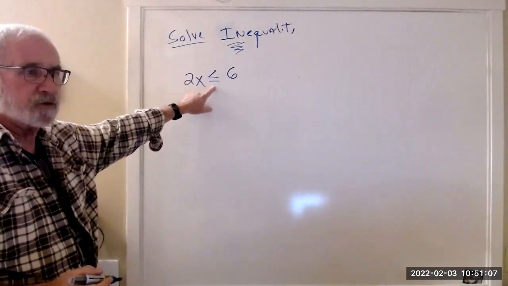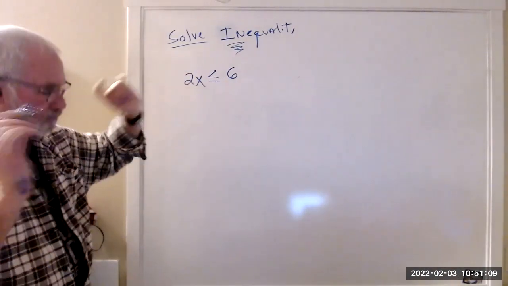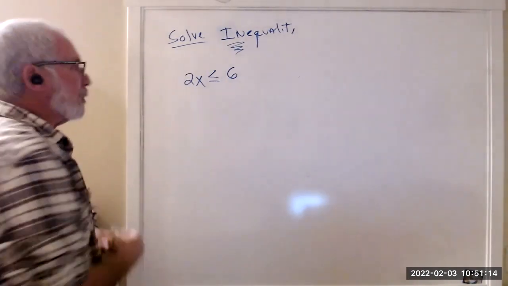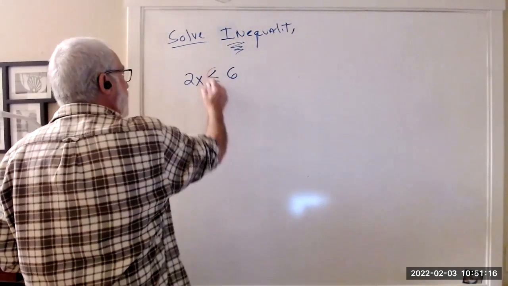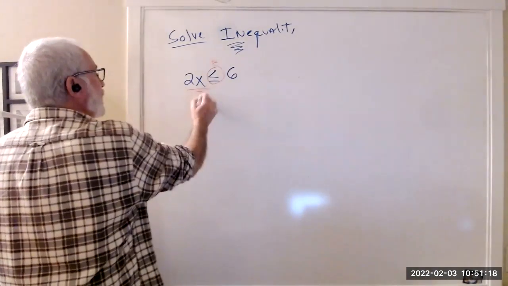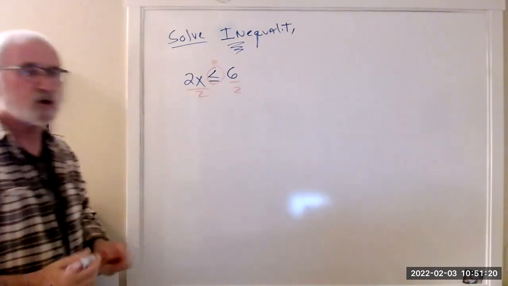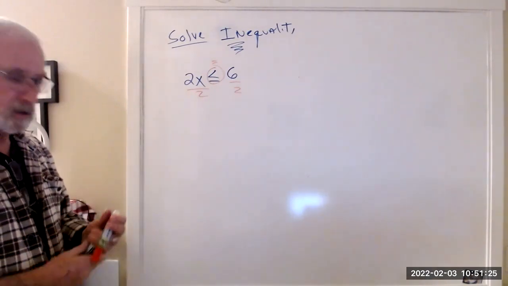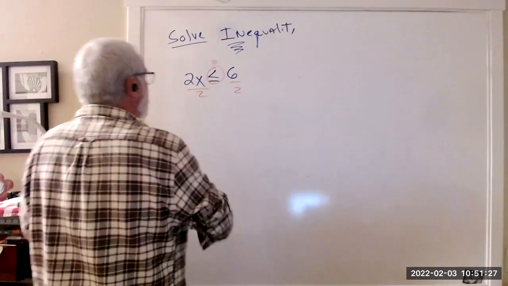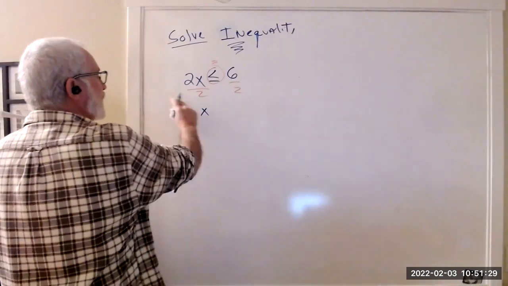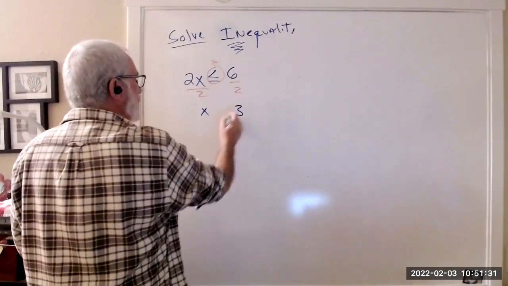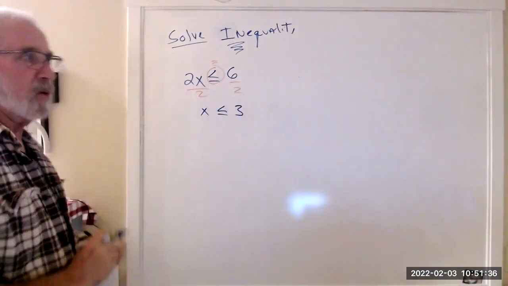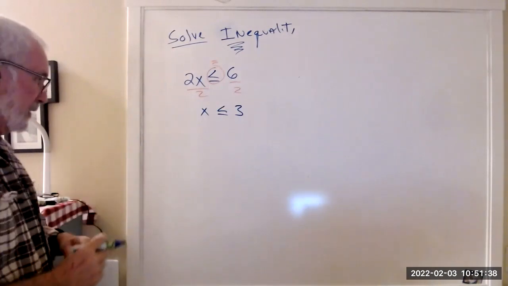It's not an equal sign, it's a less than symbol. We mentally pretend that it's an equal sign, and so we divide both sides by 2, because remember, to solve an equation or inequality, we want to get x alone. So when we divide by 2, this becomes x, this becomes 3, this will stay less than or equal. We'll talk about when you flip it another day.